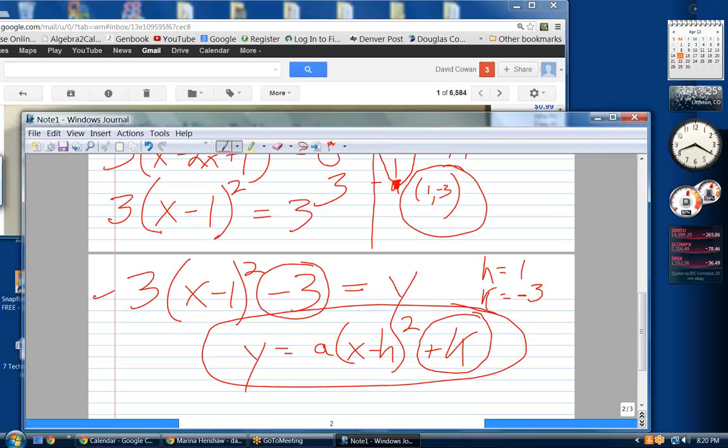So either method allows me to graph it. And which one you use doesn't really matter. It just kind of depends on what you are working on in your class at the moment. Are you working on completing the square and getting it into the vertex format? Or are you looking at finding the vertex from minus b over 2a?